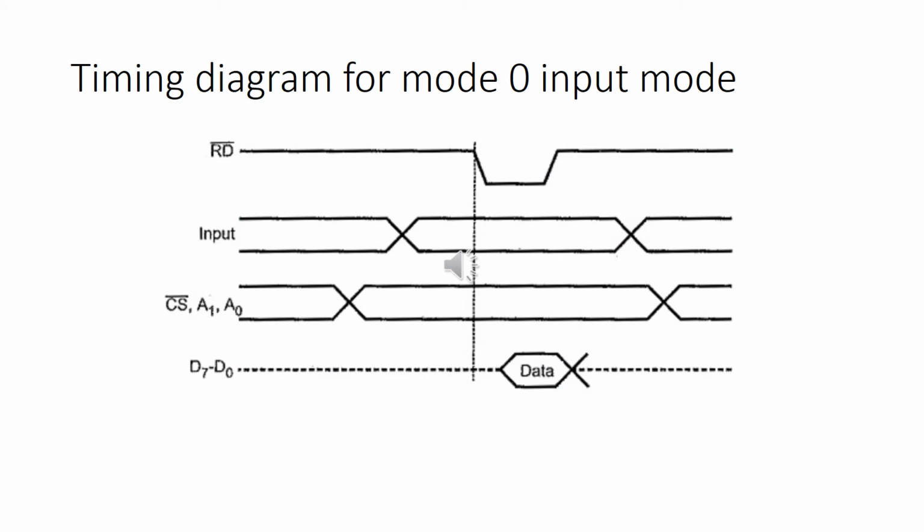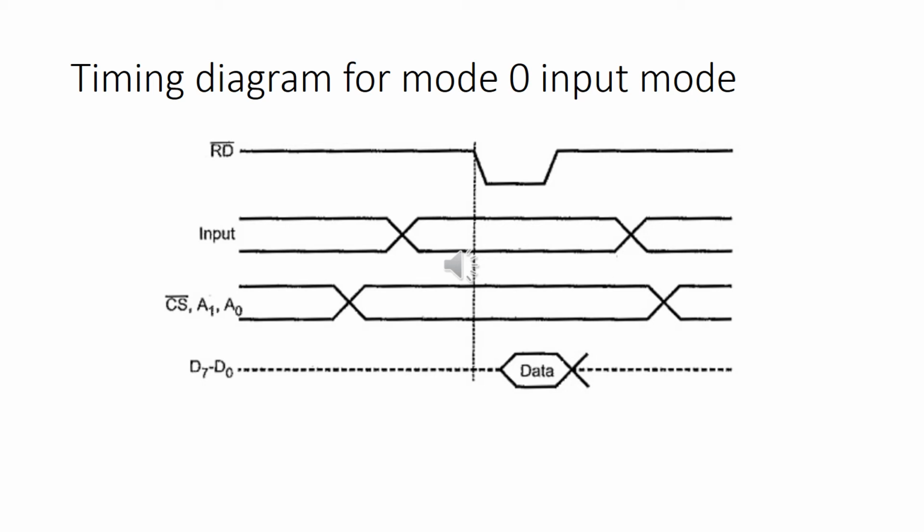Then let us see the different timing diagrams for different modes. As we can see in this case, this is the timing diagram for mode 0. When the read signal becomes low, the read instruction gets executed.